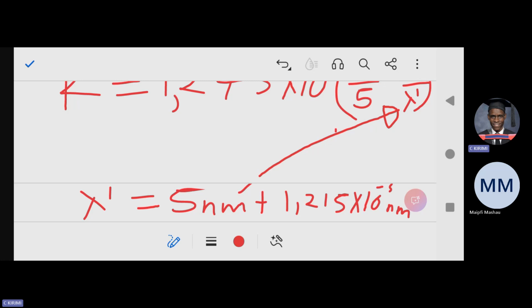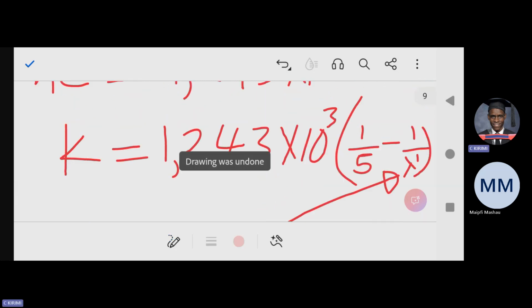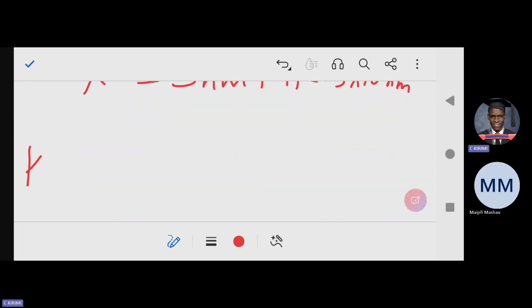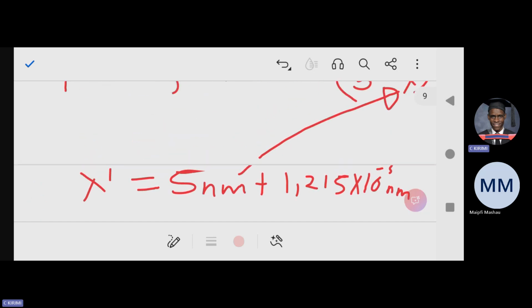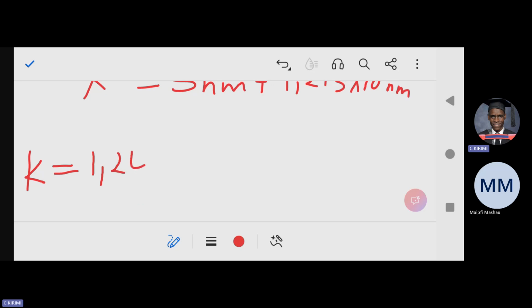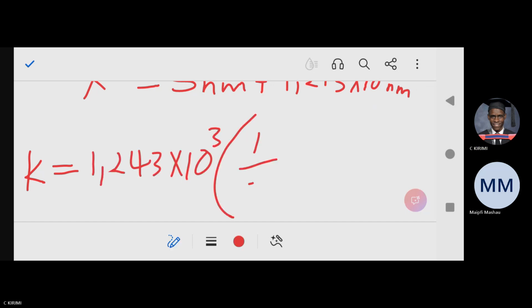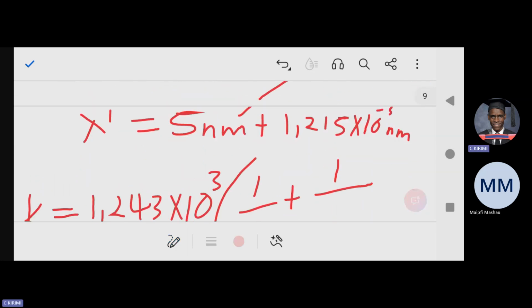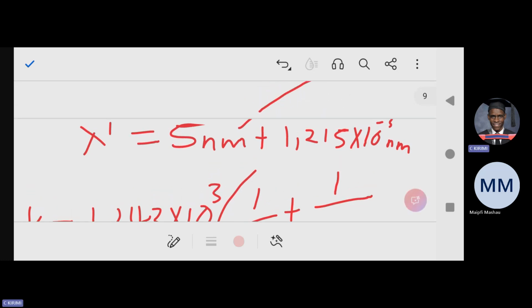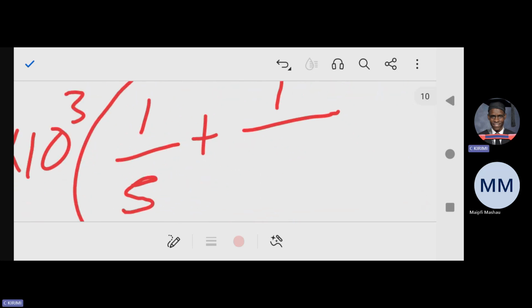In other words, to make the equation one thing, the energy K is equal to 1.243 times 10 to the power 3, bracket, 1 over 5, which was your lambda, minus 1 over the final lambda, which is 5 plus 1.215 times 10 to the power negative 3. These are not whole numbers, and remember, the other one is an exponent, so you can use your calculator directly.